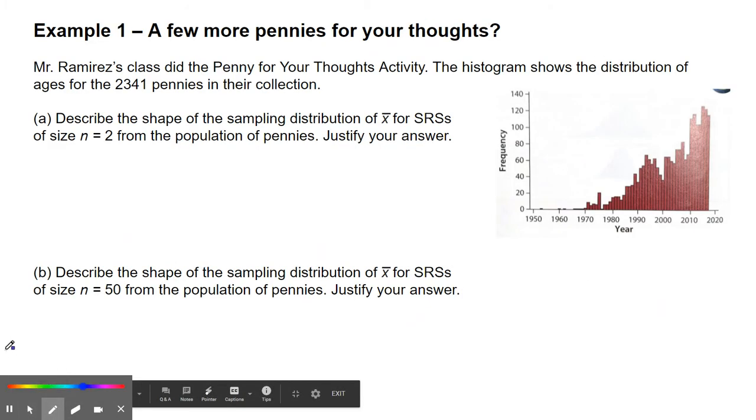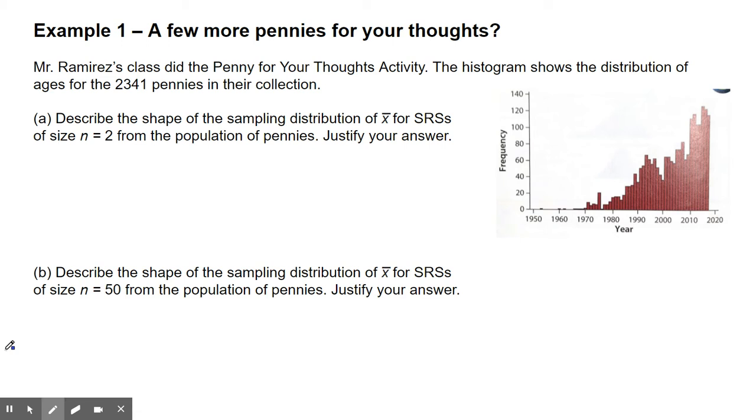All right, example one, a few more pennies for your thoughts. It says Mr. Ramirez's class did the penny for your thoughts activity. The histogram shows the distribution of ages for the 2,341 pennies in their collection. So again, this is the population distribution. The first thing we want to do is describe the shape of this graph.